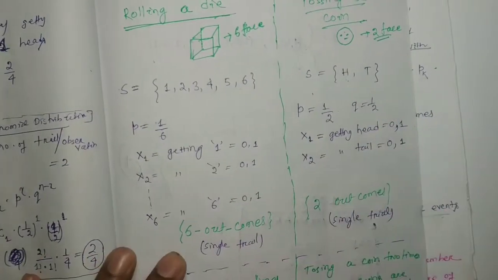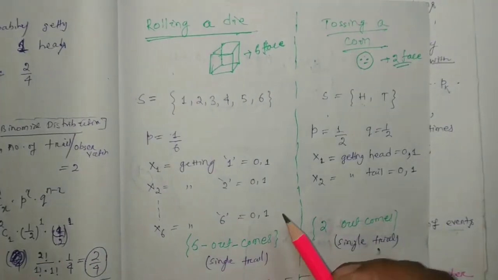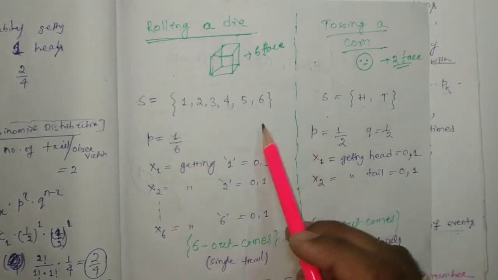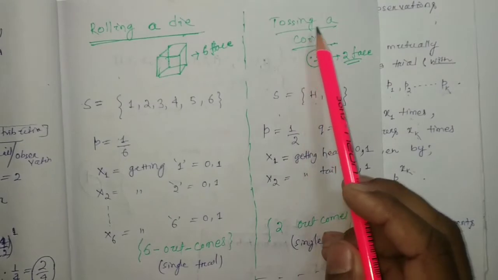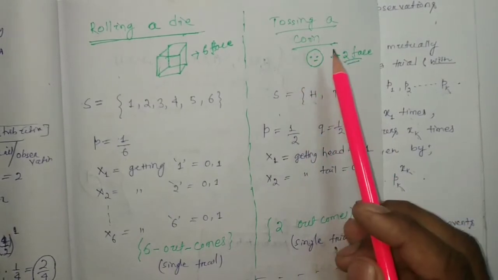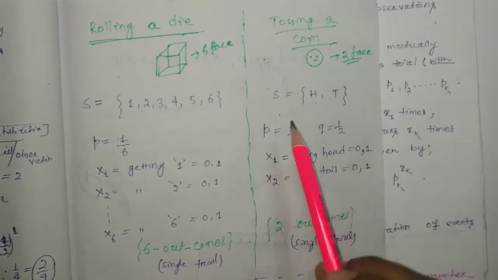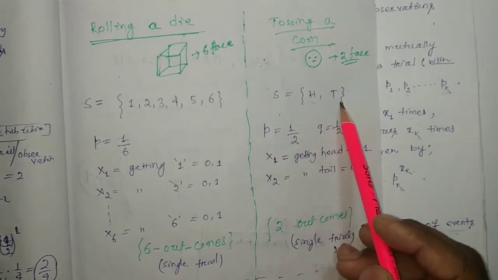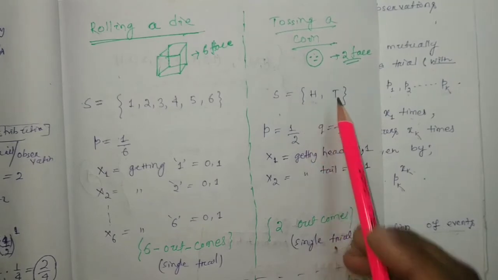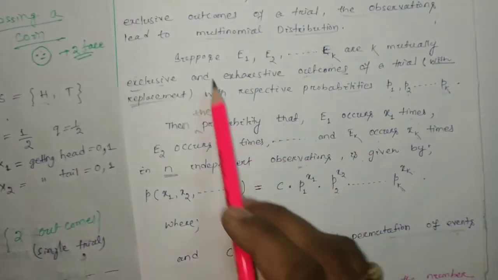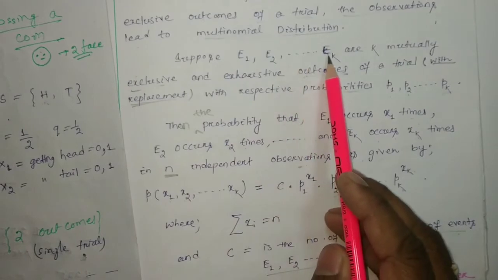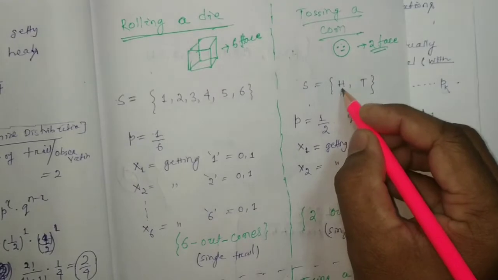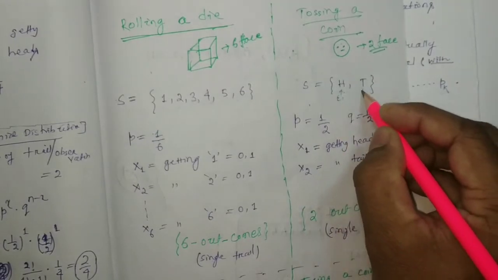So here you can consider tossing a coin one time, having two faces. What are the outcomes? Head or tail? So this head and tail, which are represented as your E1, E2, Ek, are the so-called mutually exclusive outcomes. For this case, this one is your E1 and this one is your E2.